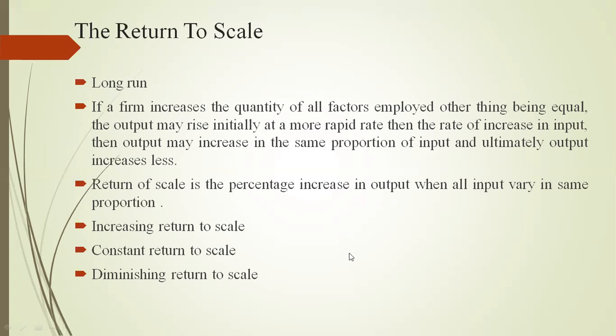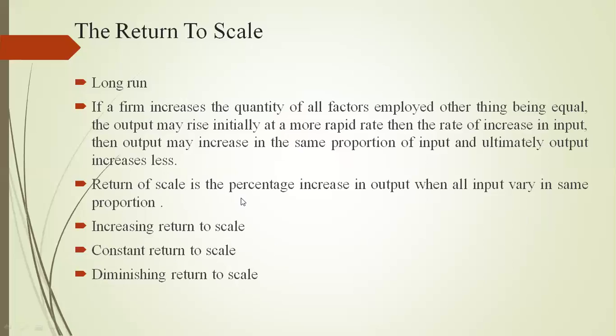It means in the long run, when we are increasing the quantity of all factors employed, means we are increasing the labor and the capital, both the factors we are employing. So what will happen? Initially our production will rise faster than the rate of increase in labor or capital. Then at a point our output will be constant, and finally our output will decrease. Why it happens? All these things we will discuss further.